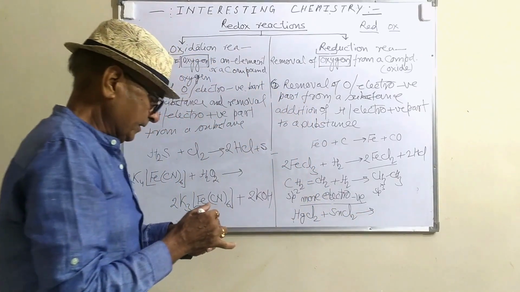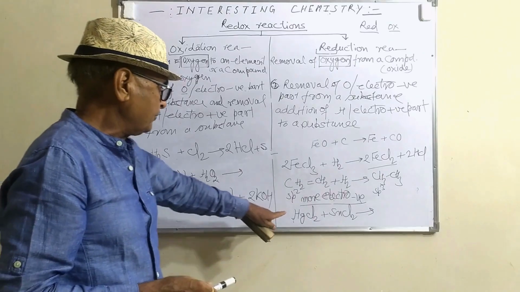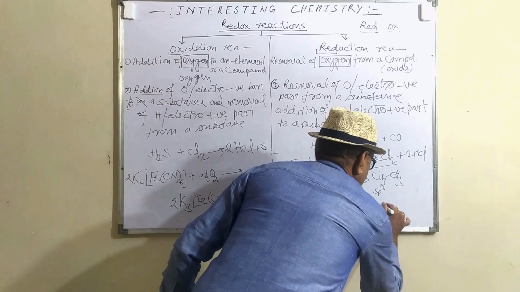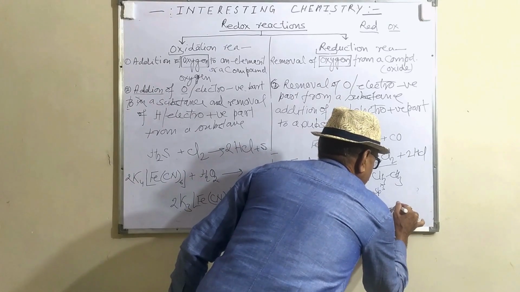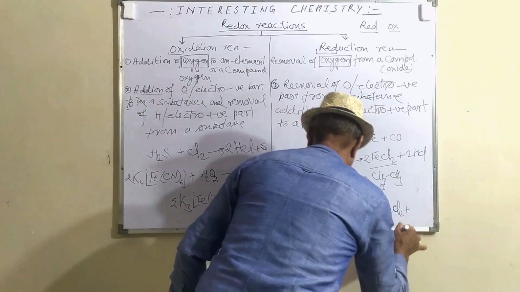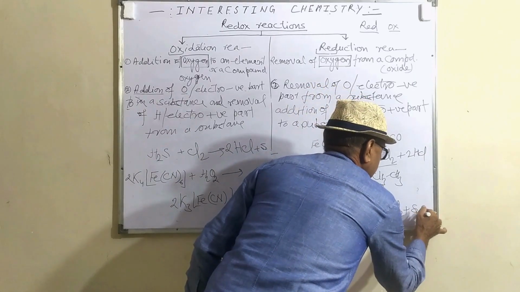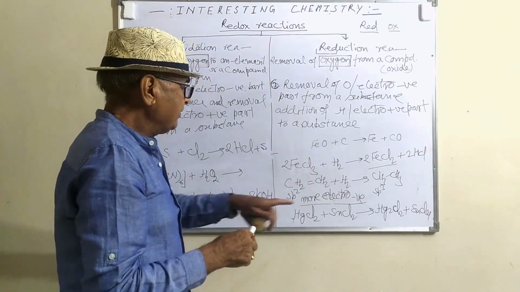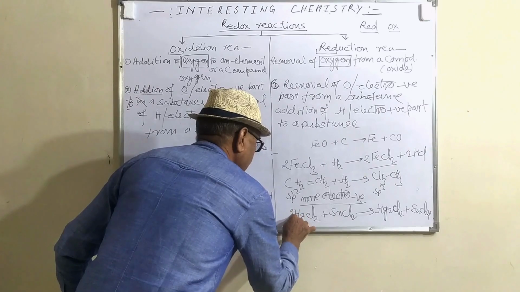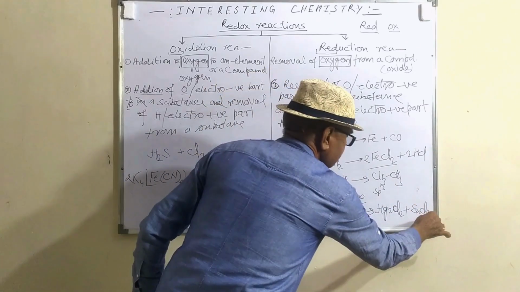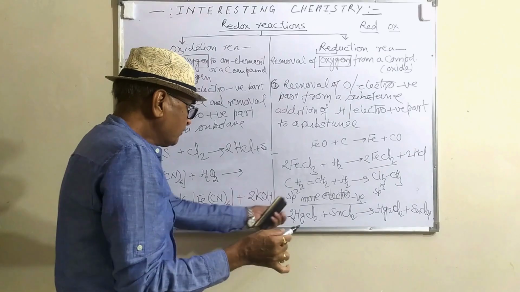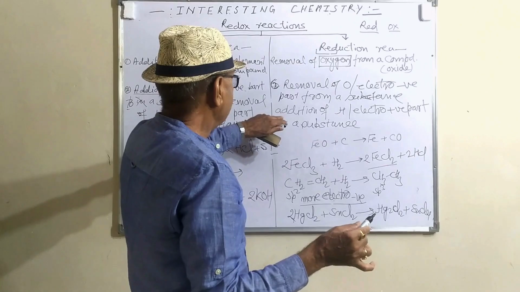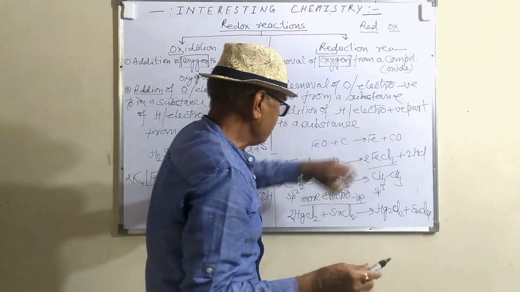When SnCl2 is added to the solution of mercuric chloride, then the gray precipitate Hg2Cl2 plus SnCl4 forms. Here you can write 2HgCl2 plus SnCl2 gives Hg2Cl2 plus SnCl4.